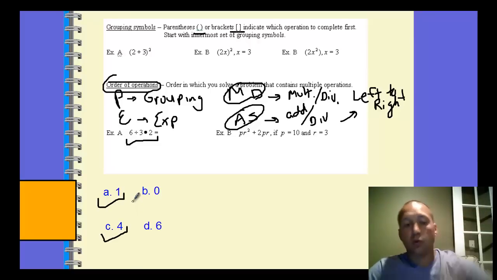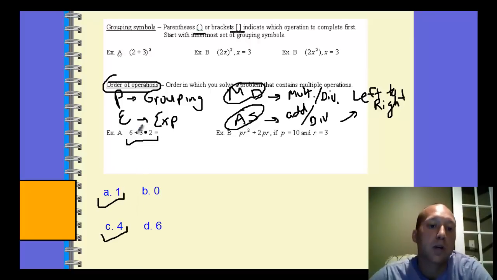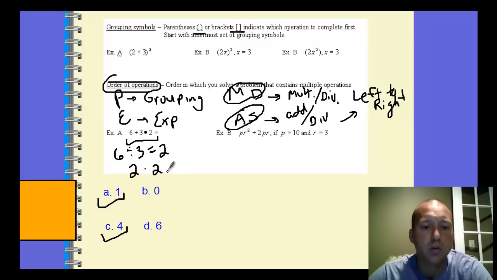But if you use the order of operations, we have to do what comes first in the problem. Multiplication, division, what comes first, so we actually have to divide first. So 6 divided by 3 is 2. Then we could do that answer 2 times the rest of the problem 2 to get 4. So the answer is 4.